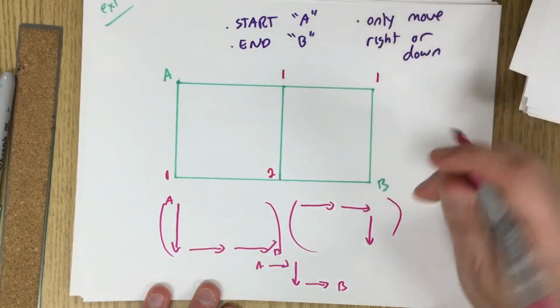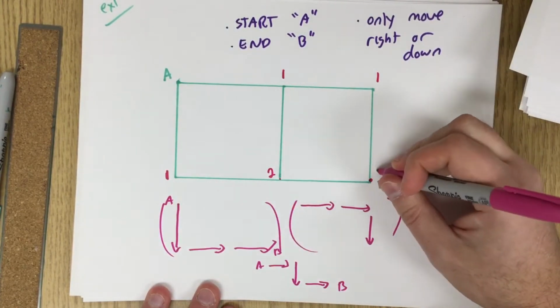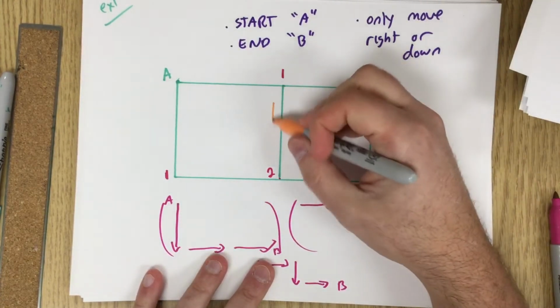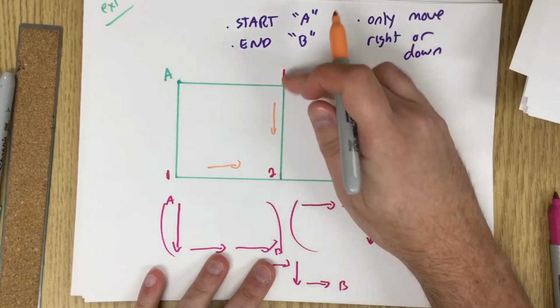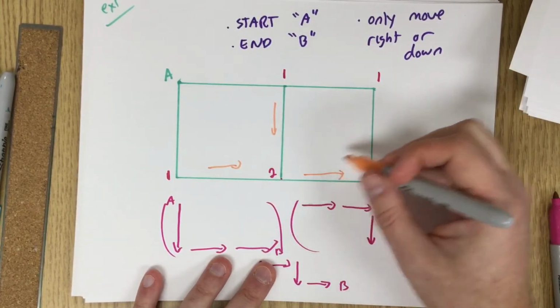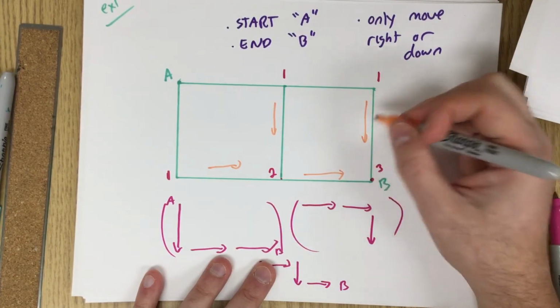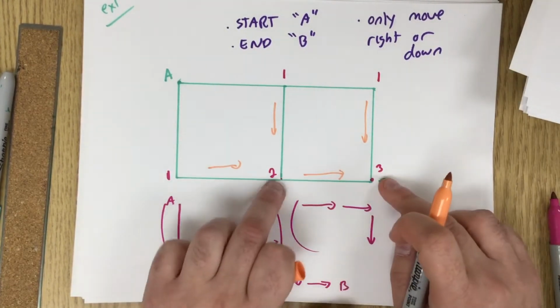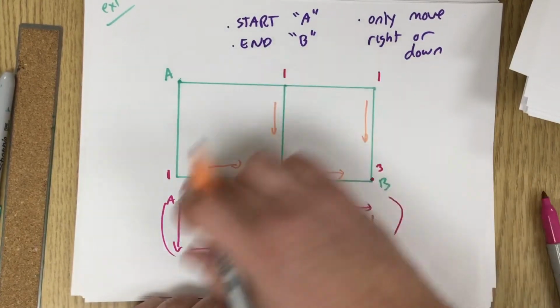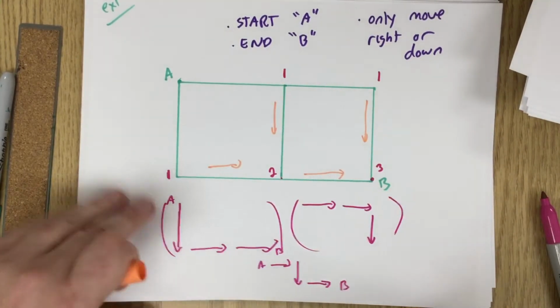And as we saw, there's 3 ways in total to get over there. Now if we look at these numbers, there's one way from there, one way from there, and that's 2. There's 2 ways coming from there, and 1 way coming from there, and that's 3. So each vertex of the path is the sum of the paths that lead to the ones that feed into it.